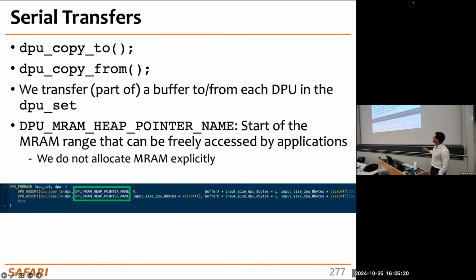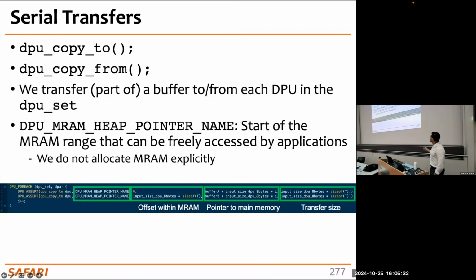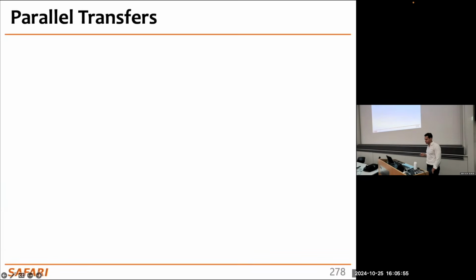You give the offset that you're going to point to in the MRAM, the pointer of the data that you want to copy in the host memory, and the size of the transfer that you're going to operate. Here we are copying two arrays, two buffers, A and B. This is a linear address space. So after you copy array A, array B is going to start after the array A finishes, and then you just pass that offset to the DPU copy to function.